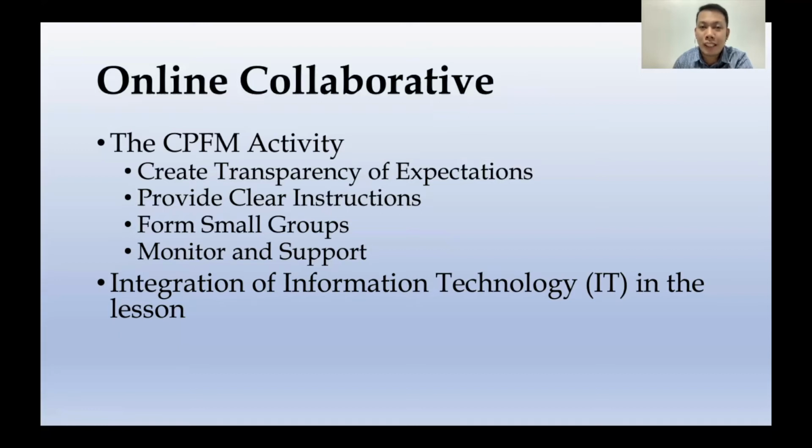It could be a form of assessment. It could also be a form of discussion. It depends on the kind of online platform or IT source that you will be using. The point is that it should be integrated with your lesson.